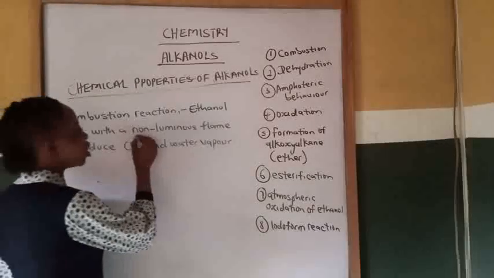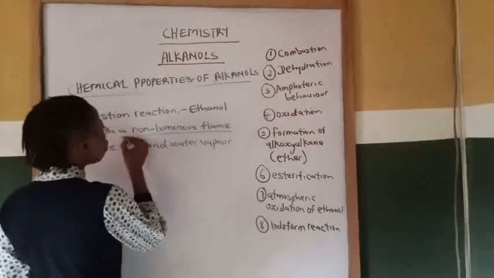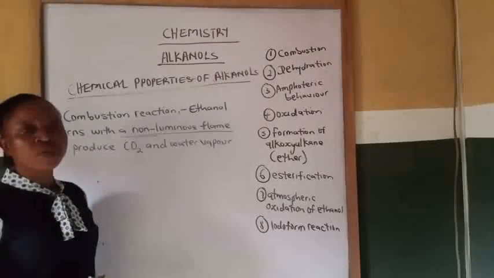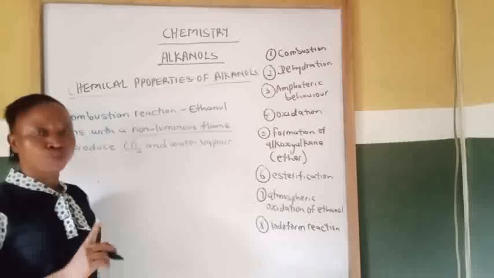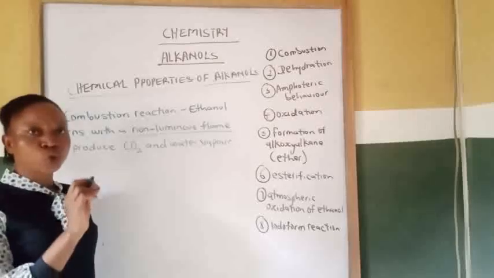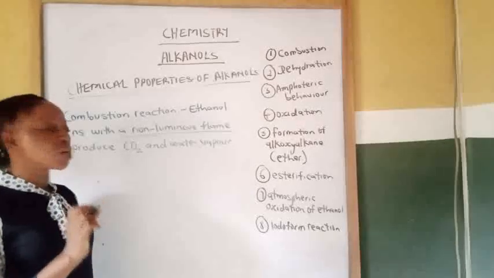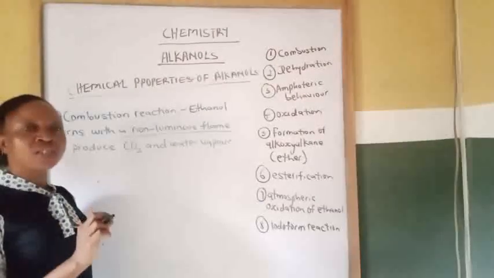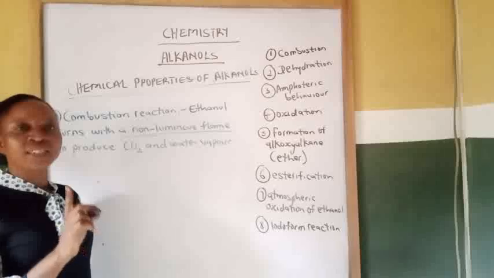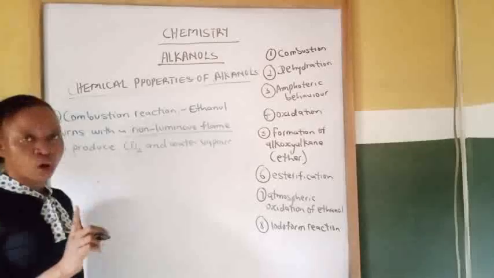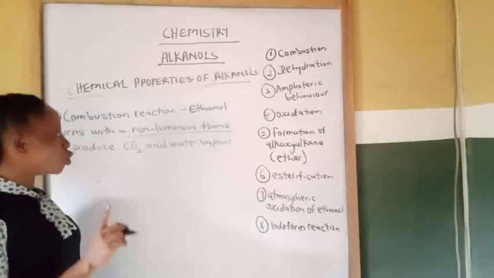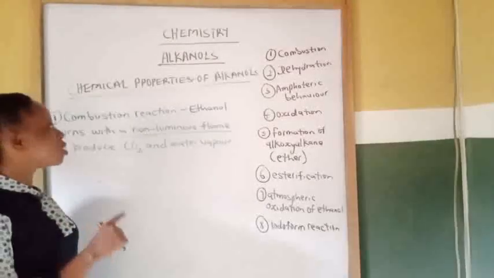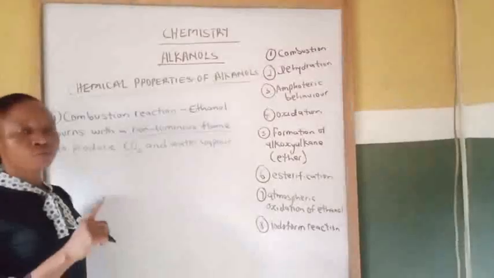Then what is a non-luminous flame? A non-luminous flame is a flame that burns blue with little light. It does not produce smoke or soot, while a luminous flame produces smoke or soot.